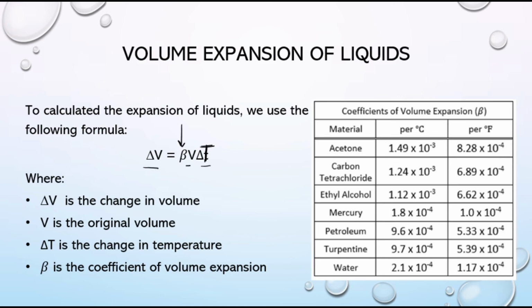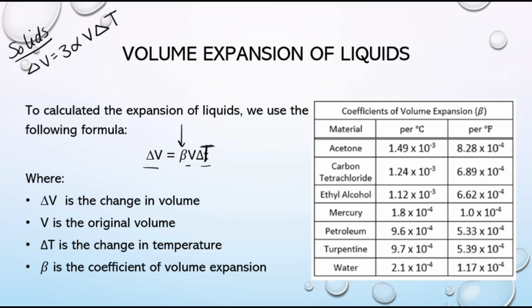Recall that for changing the volume of solids, we had the change in volume is equal to 3 times alpha times original volume times change in temperature. Well, this B is called beta, comes right after alpha in the Greek alphabet, and we use that only for liquids. It's called the coefficient of volume expansion, but it's only for liquids.